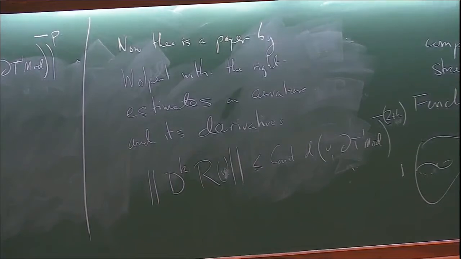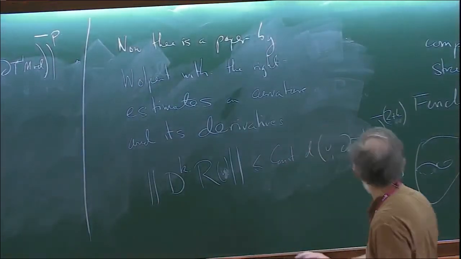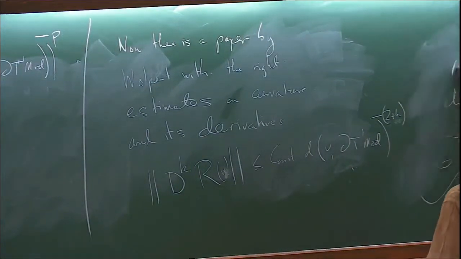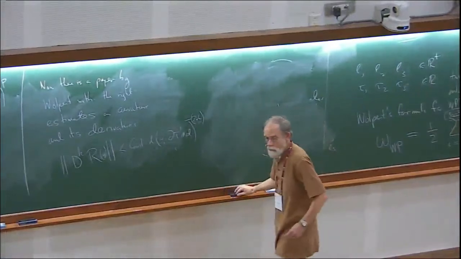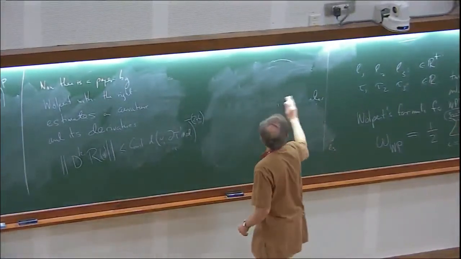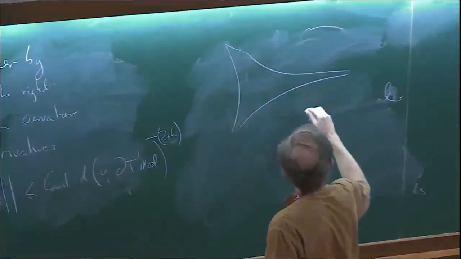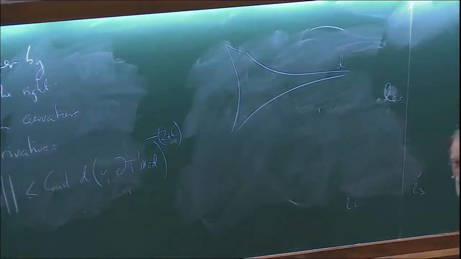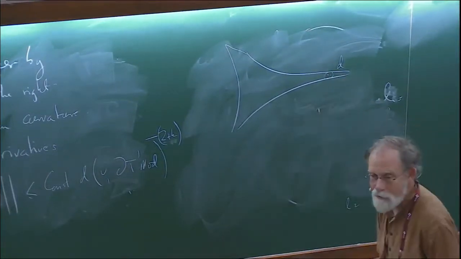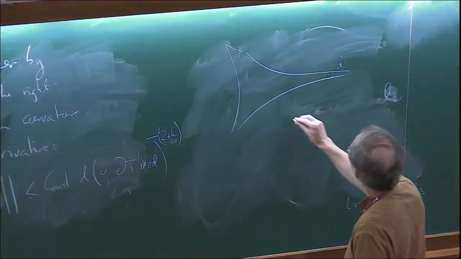So the punchline at the end of the talk is, what does this really tell you? Suppose we're out here near the cusp, at distance d from the cusp. What I want to do is take a small neighbourhood, and then rescale the metric.